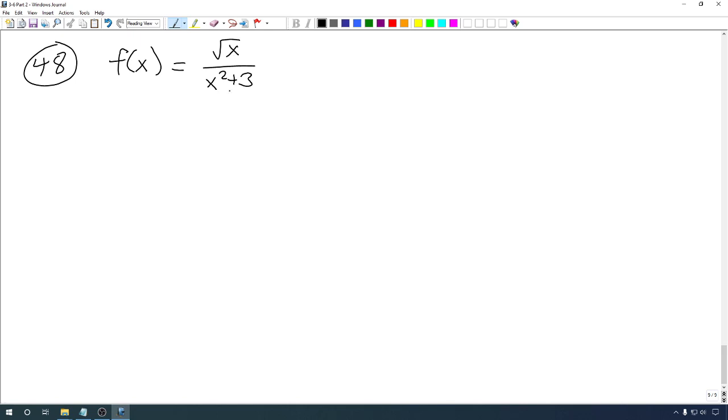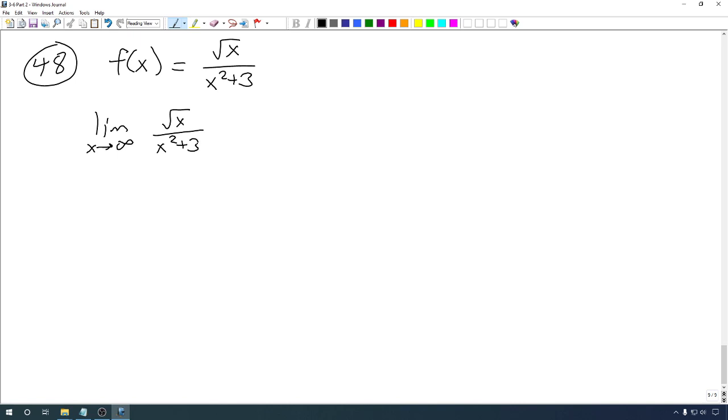So this function doesn't even exist on the negative side. If it has a horizontal asymptote at all, we're only talking about a limit off to positive infinity. And so really, what we're going to be doing here is exactly what they're asking for anyways. We're asking what is the limit as x goes to infinity of this function.